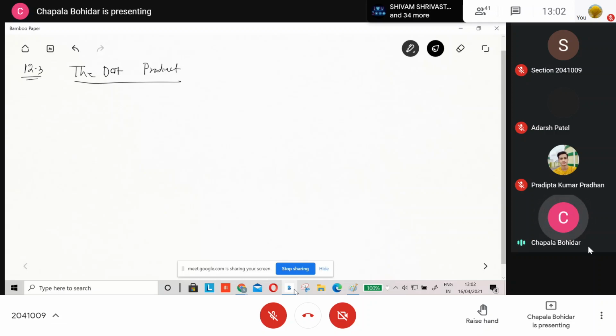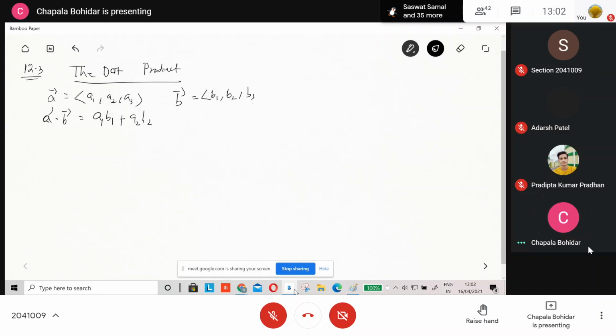So here A dot B: if A is a vector having components A1, A2, A3, and B is another vector having components B1, B2, B3, then A dot B is equal to A1 B1 plus A2 B2 plus A3 B3.